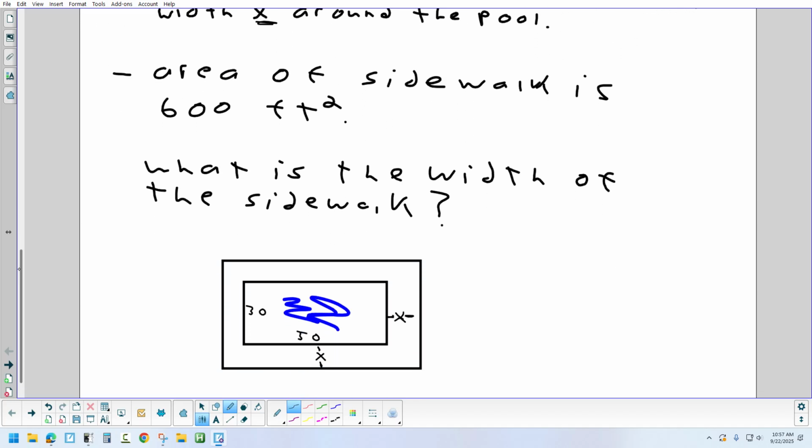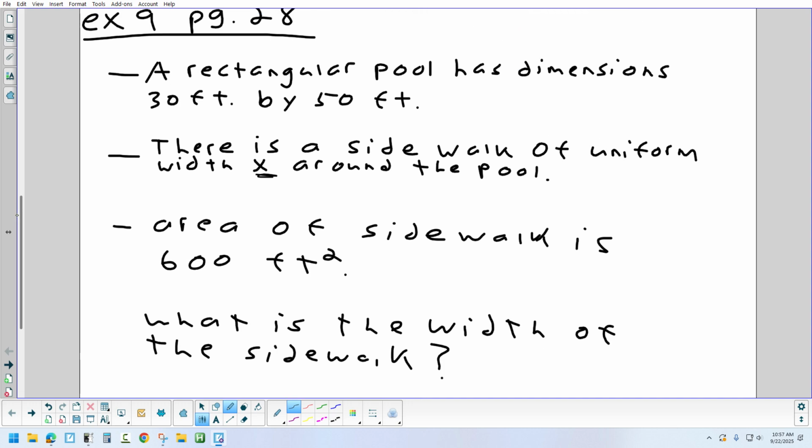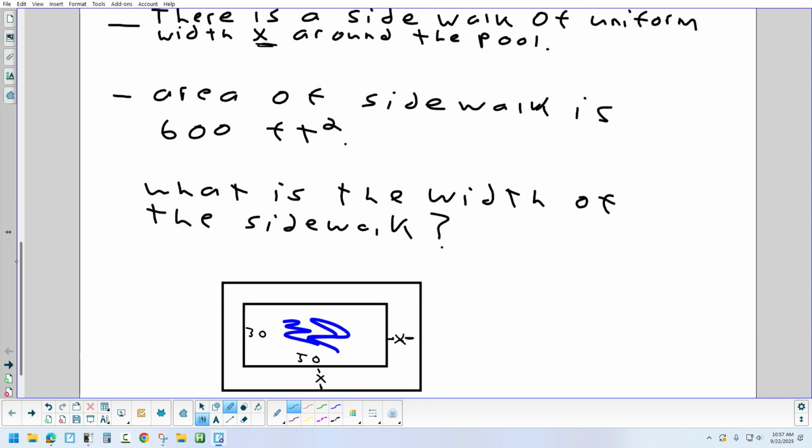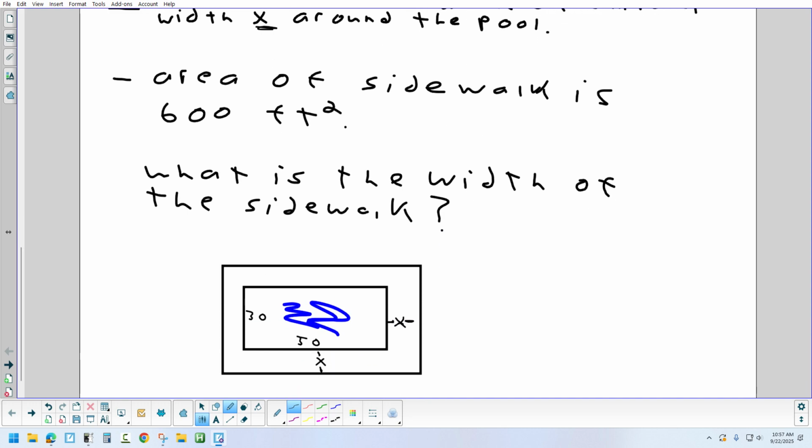Now let's write down everything that we know. Okay, well, I already wrote 30 and 50. What else do they give me in this problem? Yeah? The area of the sidewalk. They give me the area of the sidewalk, which is how much? 600 square feet. Okay. They also give me enough information to find something else. It's not given, but I can find it.